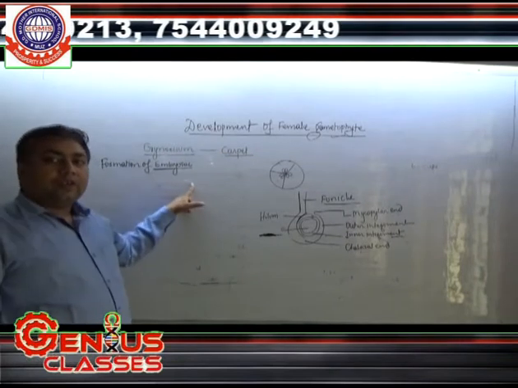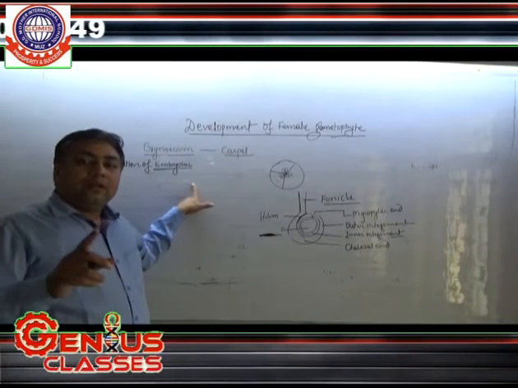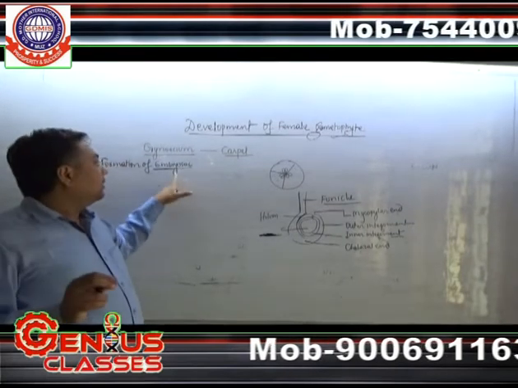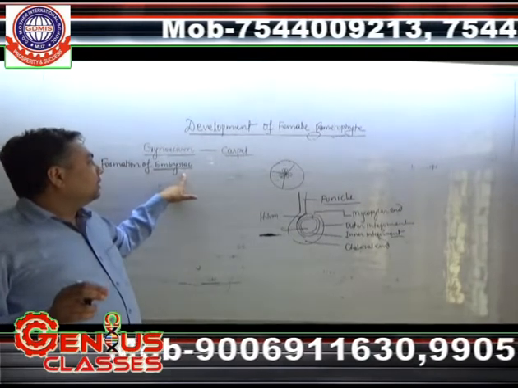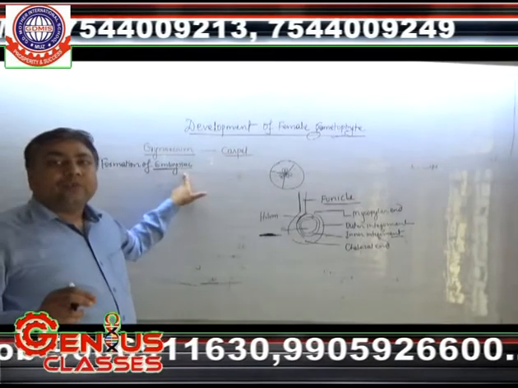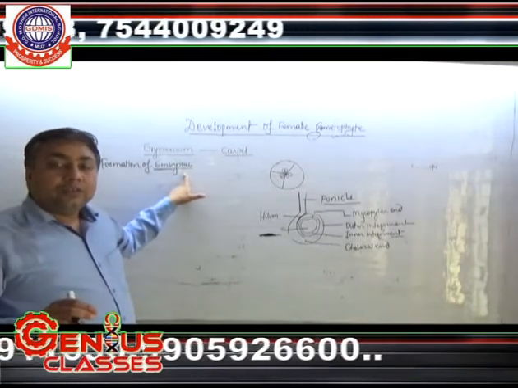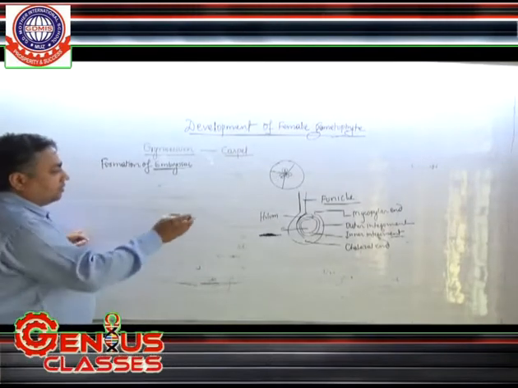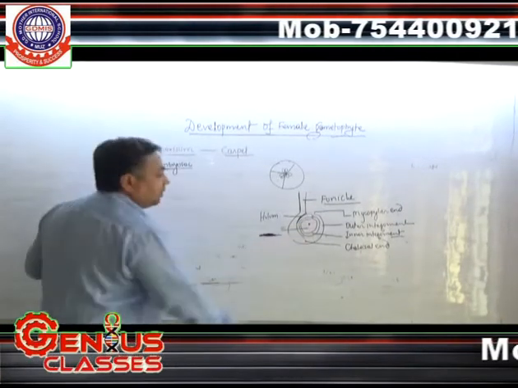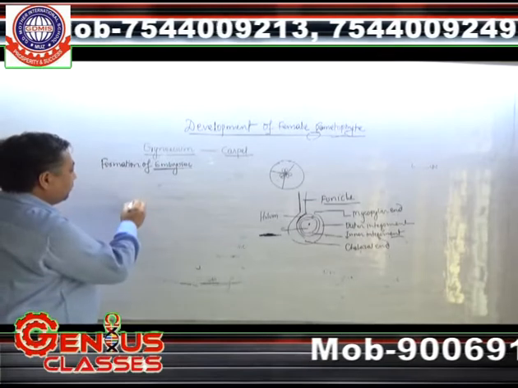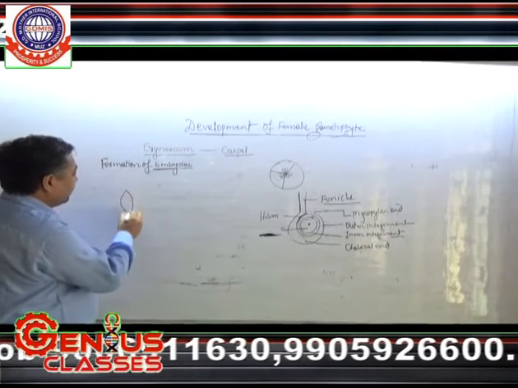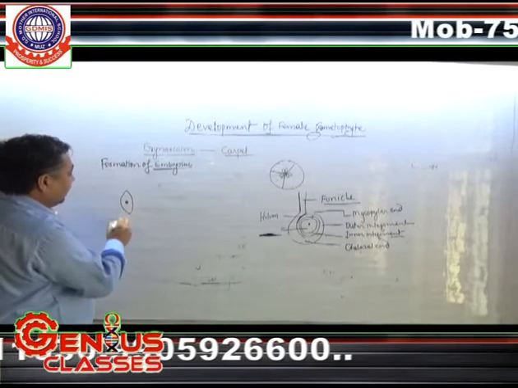Inside ovules, one embryo sac develops in angiospermic plants, and that is the female gametophyte. How does it form? We will see it in this session. One of the cells inside the nucellus develops as the megaspore mother cell, MMC.